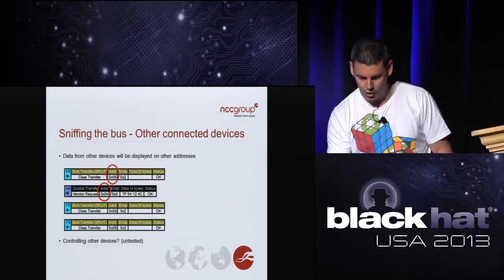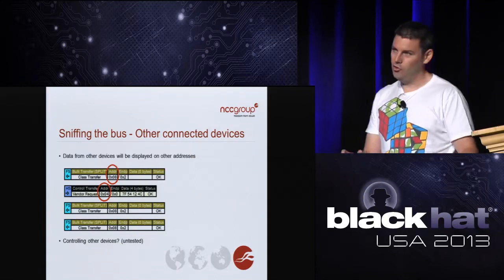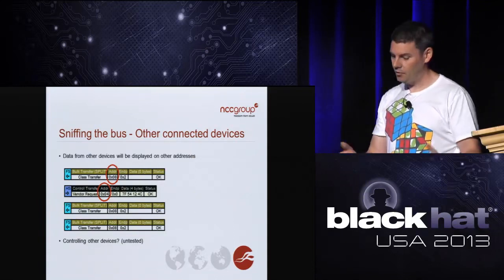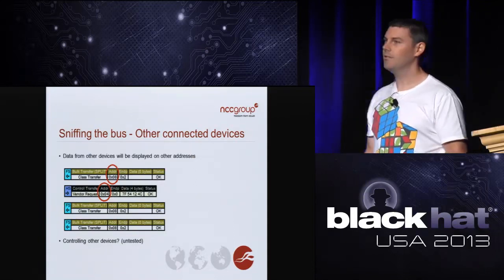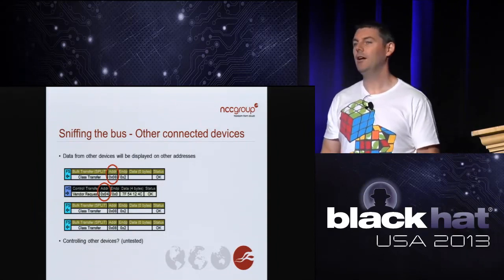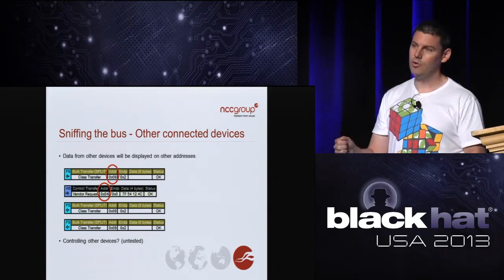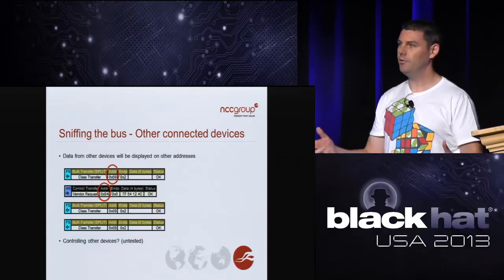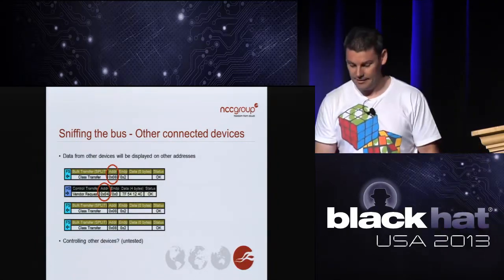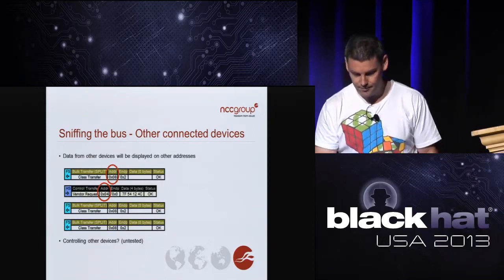And an idea that I've got, as well as information that you could glean purely by sniffing the traffic, because the FaceDancer board allows you to emulate a USB host as well as a USB device, potentially you could start requesting descriptors from other devices and gain information about those internally.